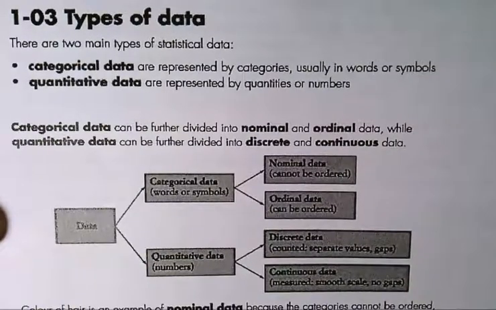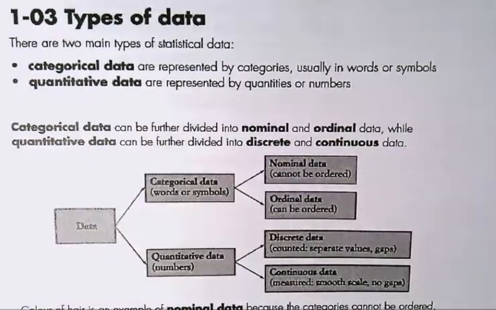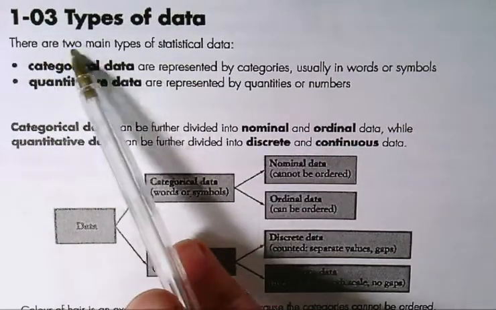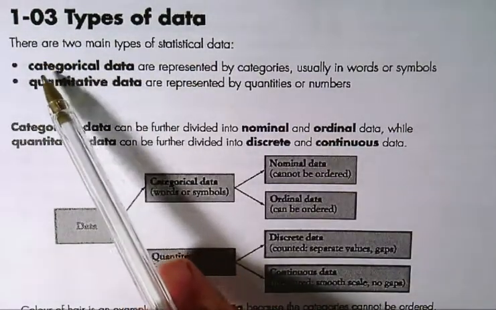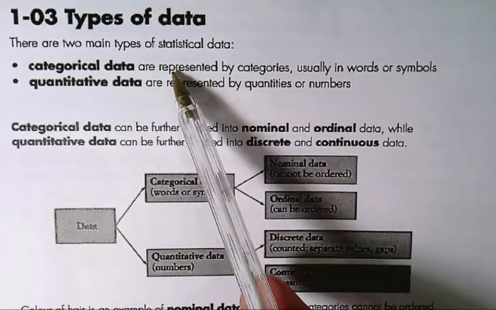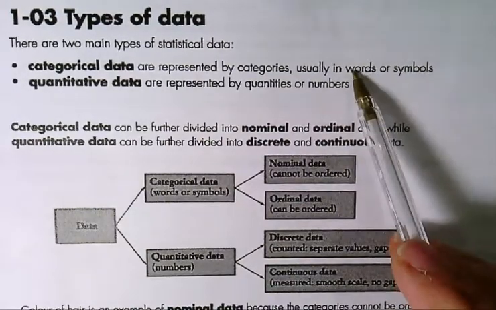Now, exercise 103, types of data. You've seen a fair bit of this in stage 4 and stage 5. So you've already learned some of this, that the two main types of statistical data are categorical data. That's data that can be put into categories, which are usually words or symbols, like colour.